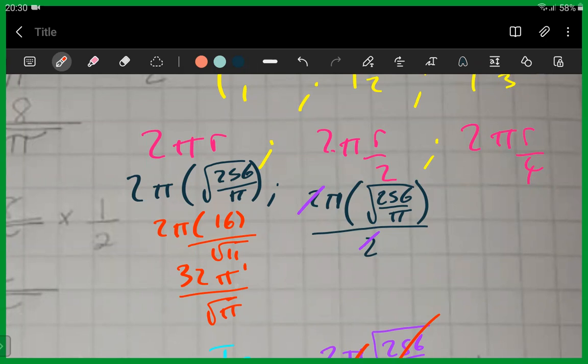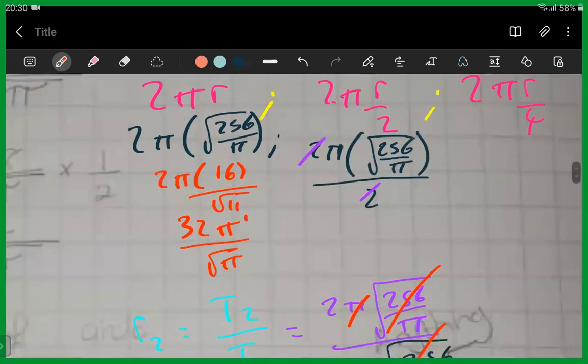So if your bases are the same and you're dividing, what do you do to the exponent? You subtract the denominator's exponent from the numerator's exponent. Yes. So here you can write it as pi to the power of a half so that it's a bit visible.